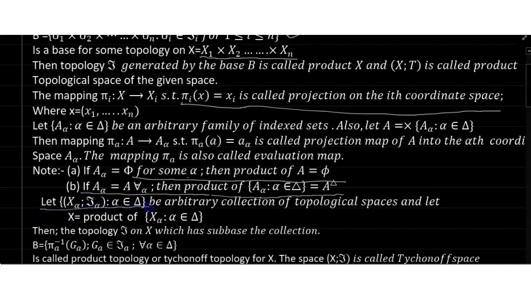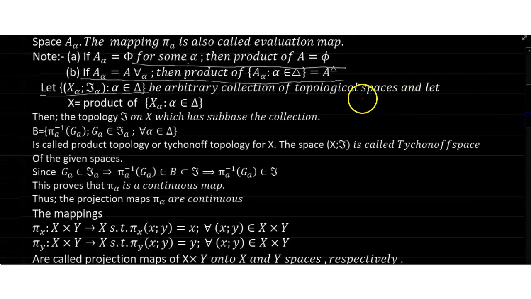Let (X alpha, tau alpha), where alpha belongs to Delta, be an arbitrary collection of topological spaces, and let X be the product of X alpha, alpha belongs to Delta. Then the topology tau on X, which has as subbase the collection B = {pi alpha inverse (G alpha) : G alpha belongs to tau alpha, for all alpha belongs to Delta}, is called the product topology or Tychonoff topology for X. The space (X, tau) is called the Tychonoff space of the given spaces.